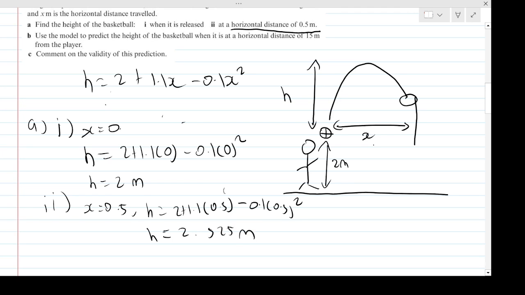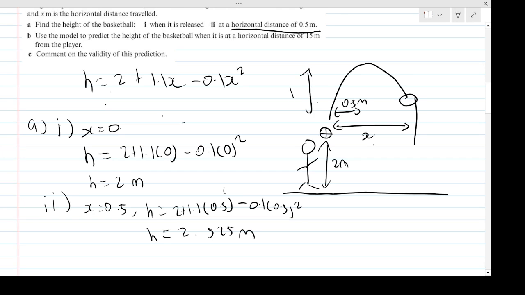So when it's travelled 0.5 meters across, the height from ground level is 2.525. Okay, so that's the idea there. Cool.